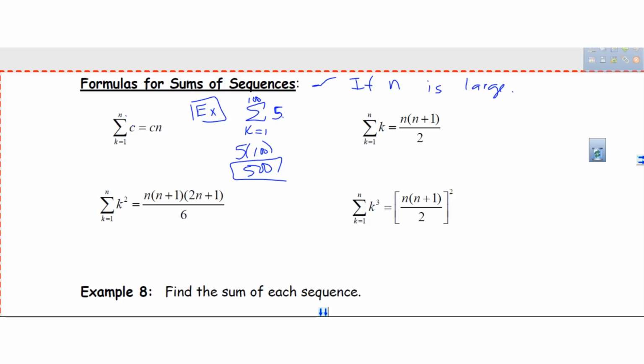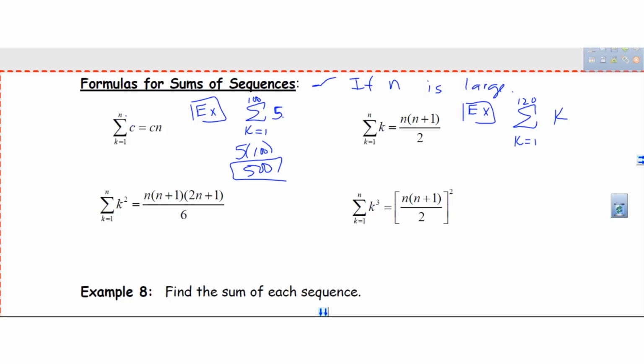Okay, let's do the next one. Let me give you an example. If you have the summation of k equals 1 to k equals 120 of k, the first number would be a 1, then the next one would be a 2, then a 3, then a 4, all the way up until the last one's 120, and then you add them together.